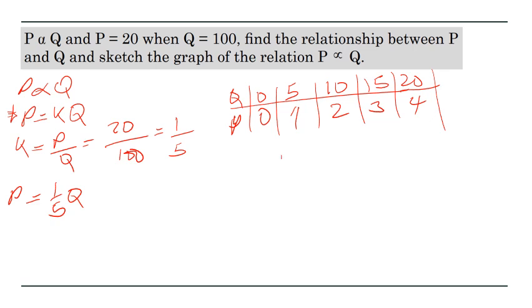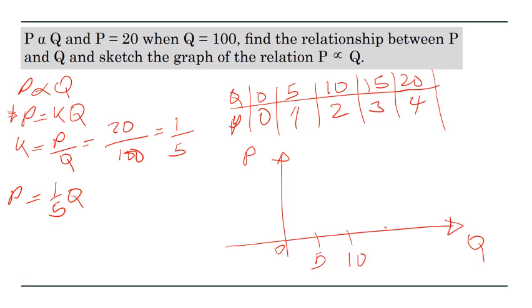So you put a sketch. In this case, this is your P and this is your Q. So you have 0, this is 5, this is 10, this is 15, this is 20. It's just a sketch. Then 1, 2, 3, 4.